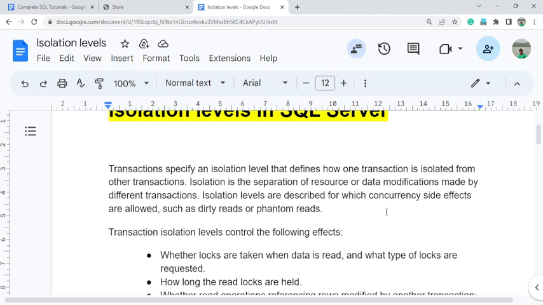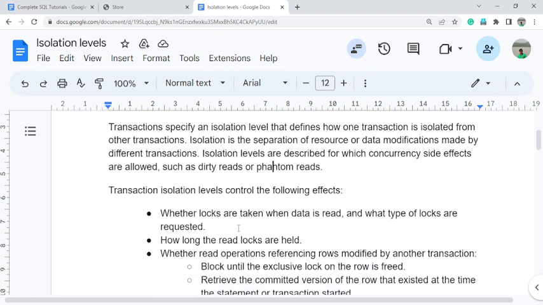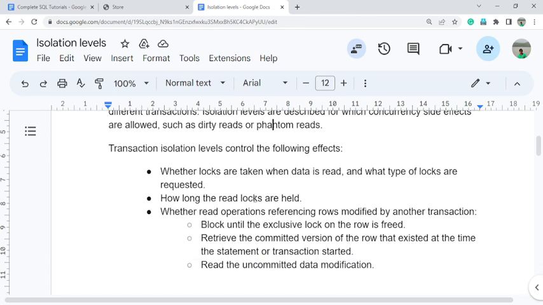So if the same table is being modified by different users and needs to be handled, we need to use the isolation level. Transaction isolation level controls whether locks are taken and when data is read, what type of locks are requested, and how long the read locks are held.